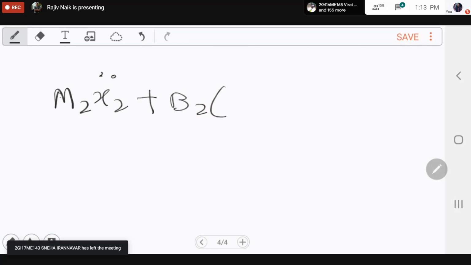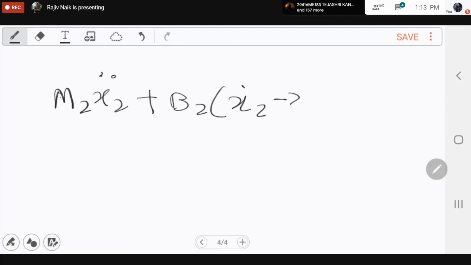So as I am writing down for mass M2 now, you have to write it as X2 dot minus X1 dot. There I have written X1 dot minus X2 dot. Here for this mass I am writing X2 dot minus X1 dot. That means the reactions are equal but opposite in nature.